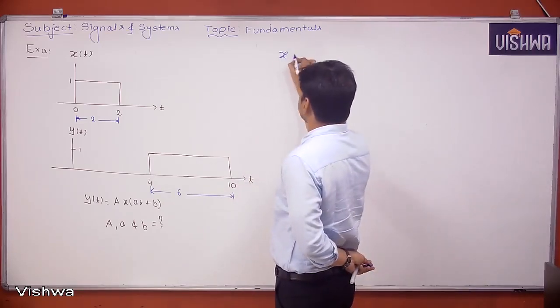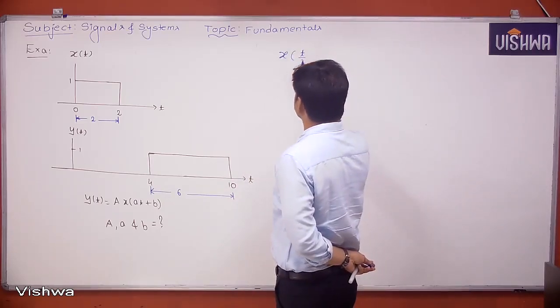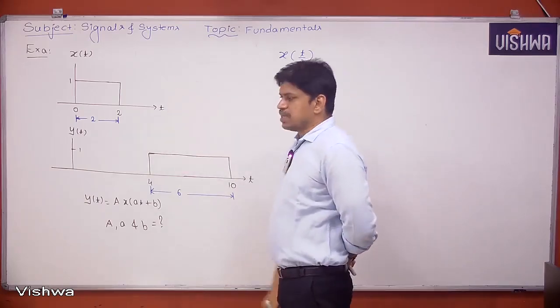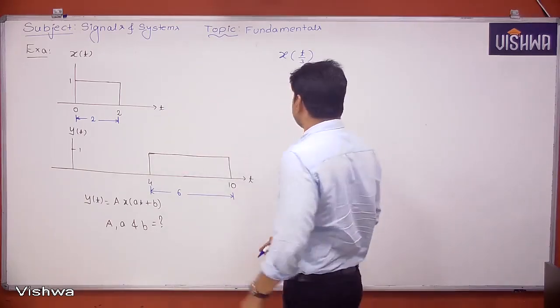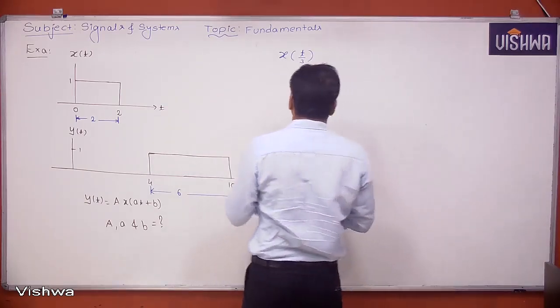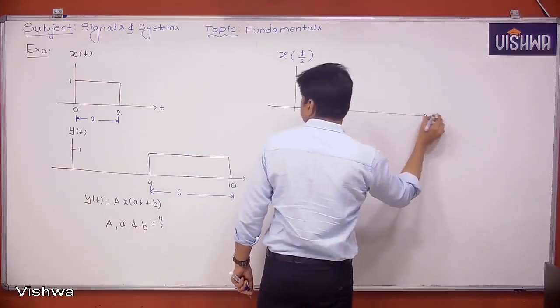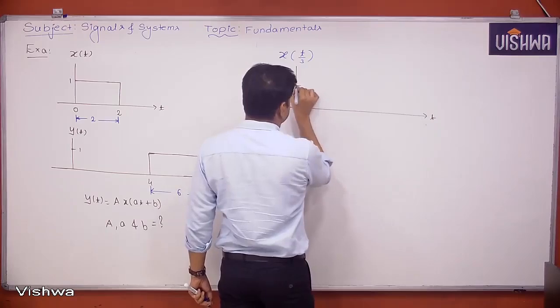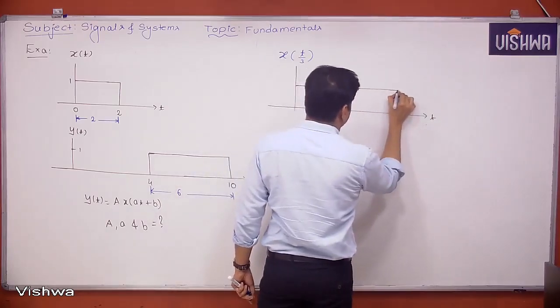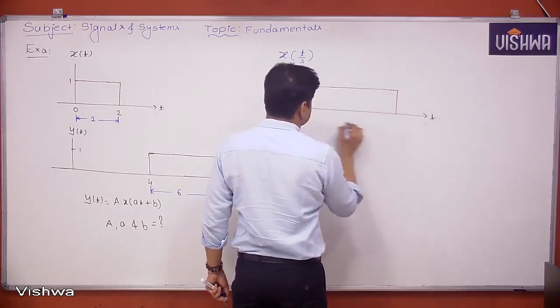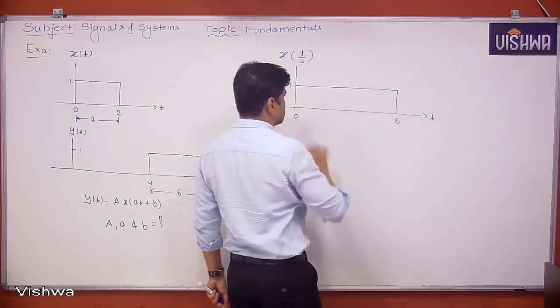First find out x of t by 3. Already we know x of t. From that, we have to calculate x of t by 3. How can we do that? T by 3 means we have to expand the signal. That means 0 to 6. This is one.